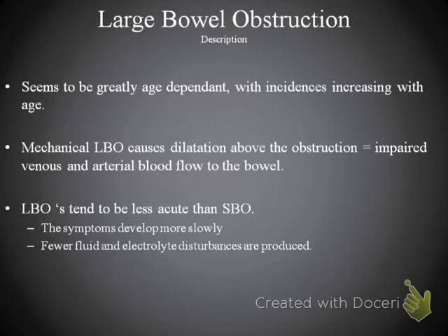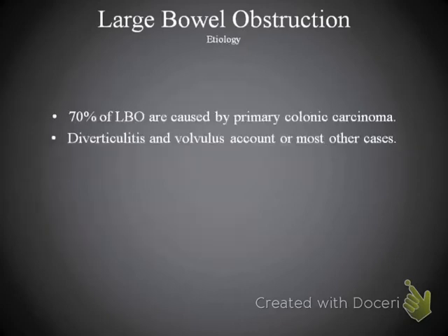The symptoms develop more slowly for large bowel obstructions as well, and fewer fluid and electrolyte disturbances are produced. So basically, it's harder to diagnose large bowel obstructions because there are fewer symptoms, which increases the difficulty and need for accurate diagnosis. 70% of large bowel obstructions are caused by primary colonic carcinomas.